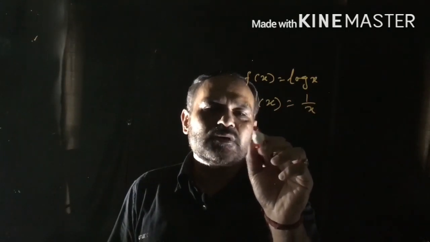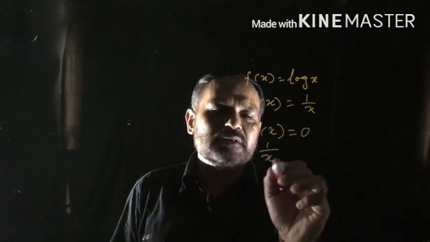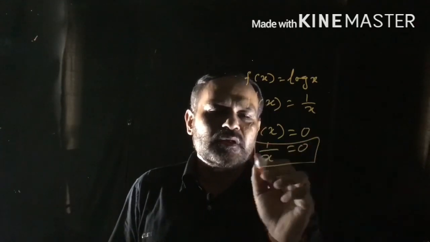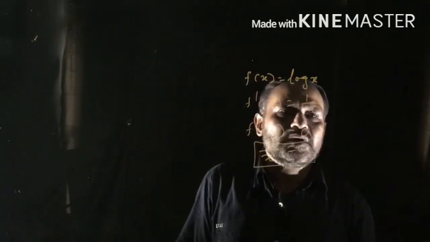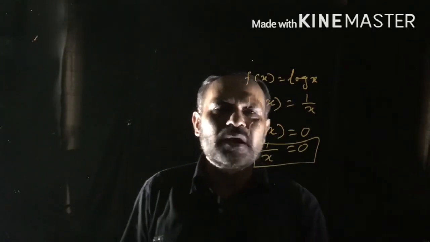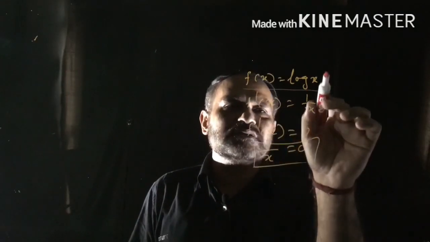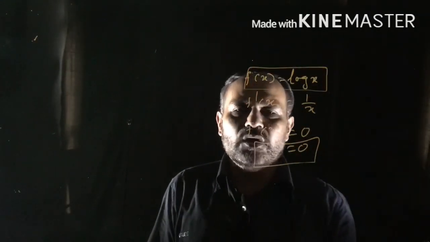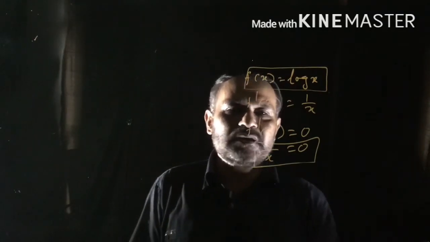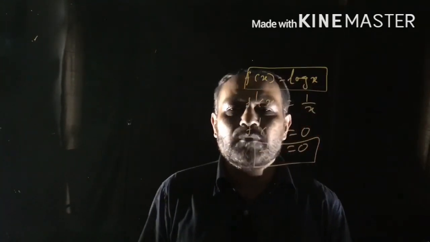If we consider f dash x is equal to 0, then 1 by x is equal to 0, which is not defined. In this case, we cannot find the extremum point. So we cannot find the maximum or minimum value of this function in this process. Or at an extremum point, if the double derivative is equal to 0, then we cannot find its maximum or minimum value.